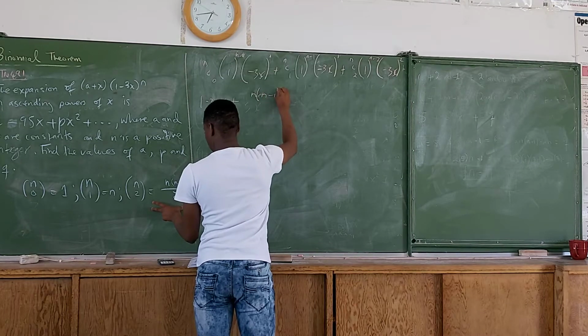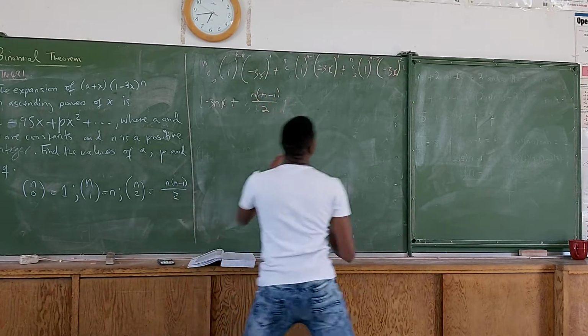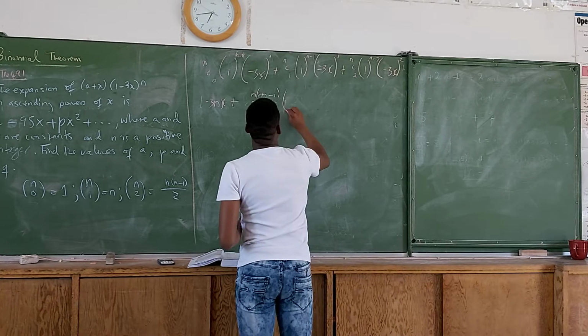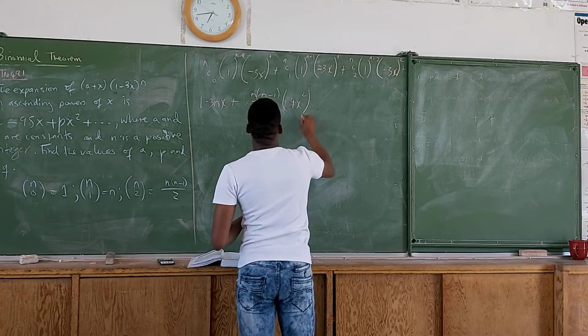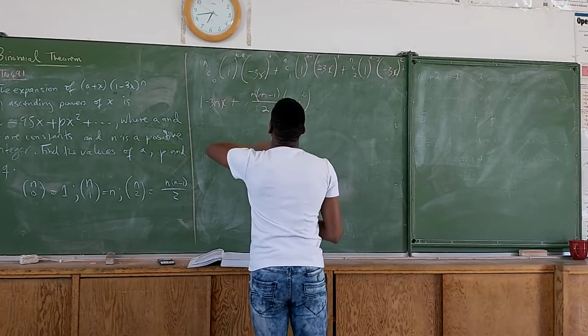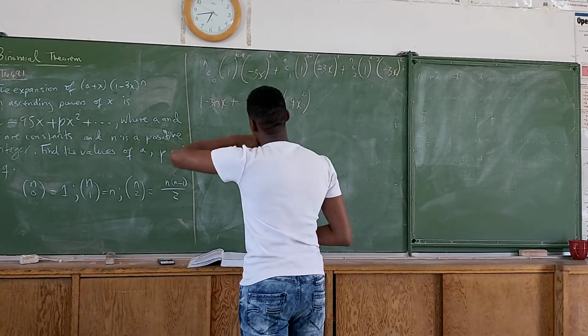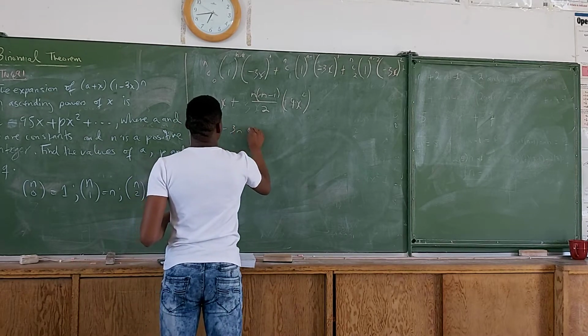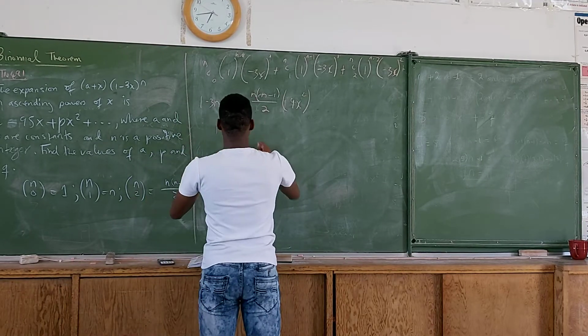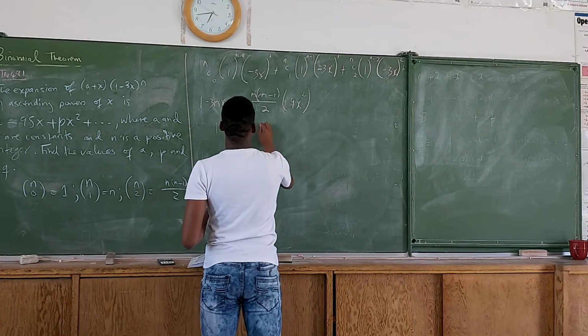And over 2. Positive 9x. Okay. Just simplify. There is a negative. It's equal to negative.